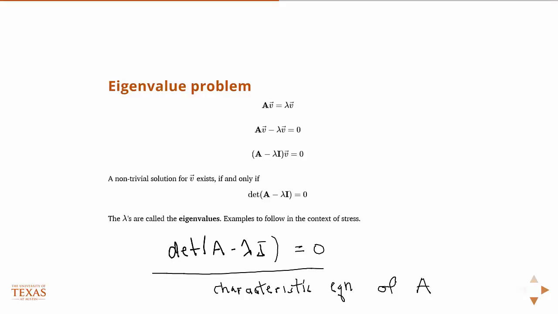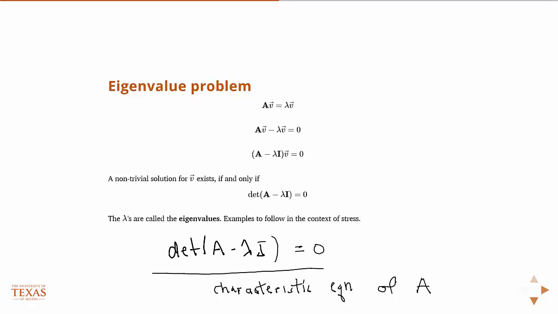All right. So that'll be a polynomial equation in lambda, and the order of the polynomial will be determined by the size of the matrix. Okay. And so for a 2 by 2, it'll be a quadratic equation. You just use the quadratic formula and solve for it. Okay. For a 3 by 3, it'll be a cubic equation, and you can hopefully factor it nicely and solve for the lambdas.